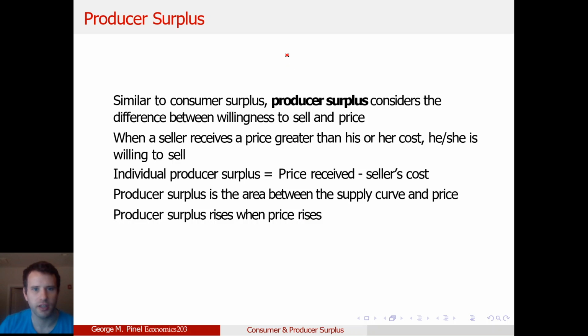And just like how consumer surplus decreased when price increased, right?